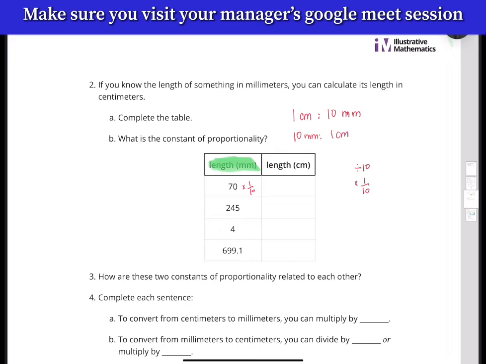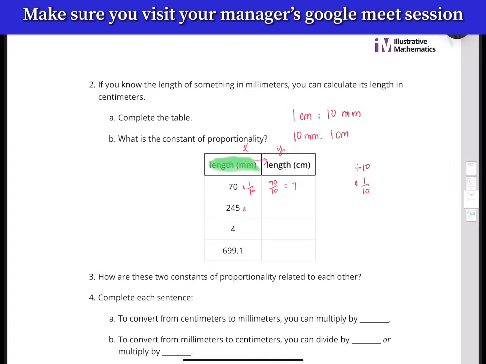And whenever you have a relationship between these two columns right here, it's always going to be a multiplicative relationship, okay? It's not going to say, oh, it's division. No, it's multiplication. So when I multiply that going across, I should get 70 over 10, which simplifies to 7.